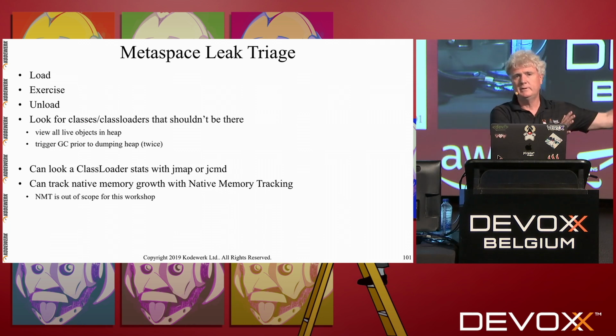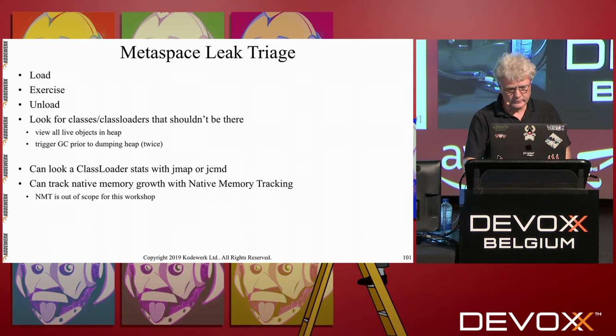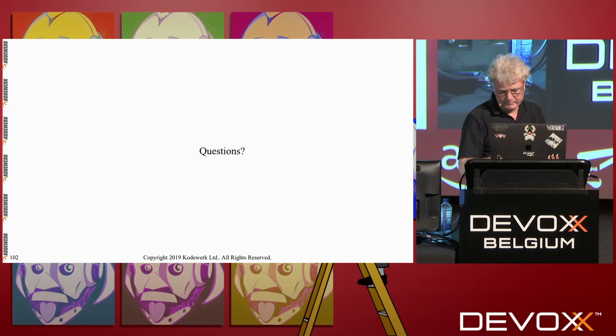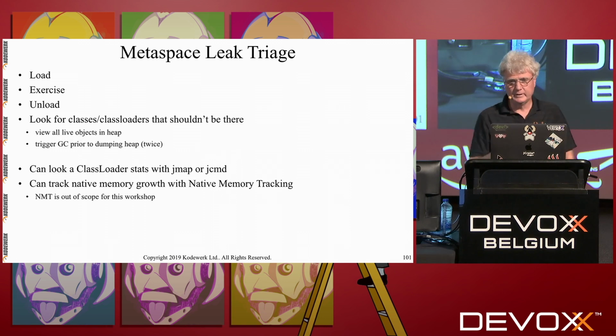Things like zip are not tracked, so if you use native buffers for zip files, that's not tracked. But there are many other things that are tracked. So if we turn on native memory tracking, you can start understanding the native memory use of your application by the things that are tracked internally.